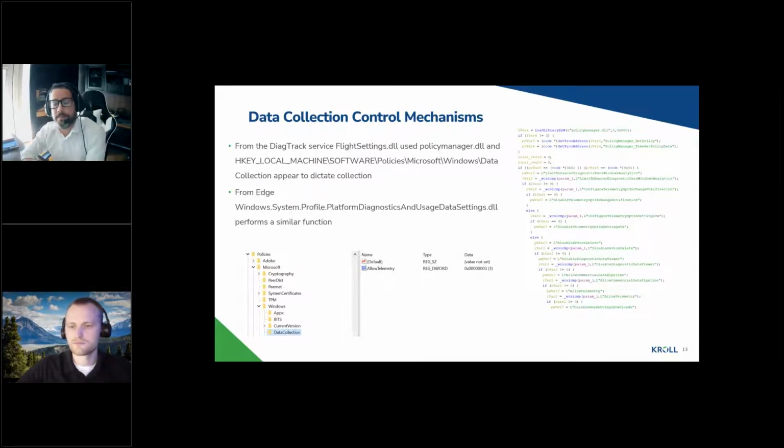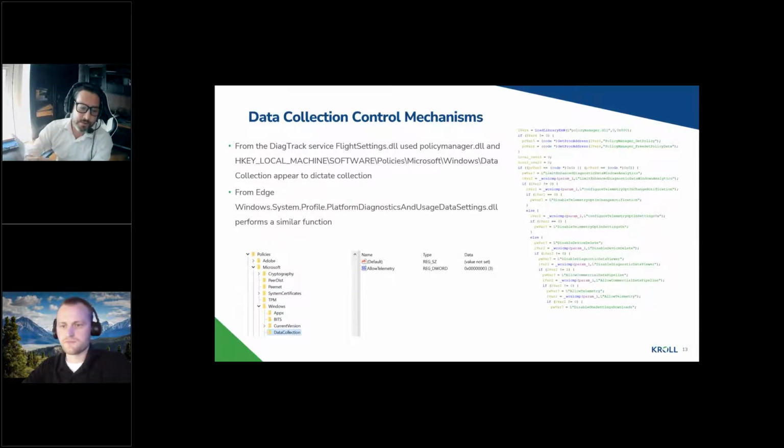Interestingly enough, these values right here from Policy Manager are actually also checked inside of Microsoft Edge through the Windows System Profile Platform, as you can see. Now that DLL seems to provide the same type of functionality as FlightSettings, but in a user-controlled process in Edge.